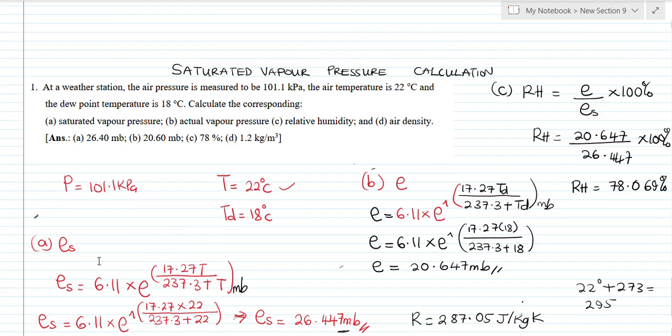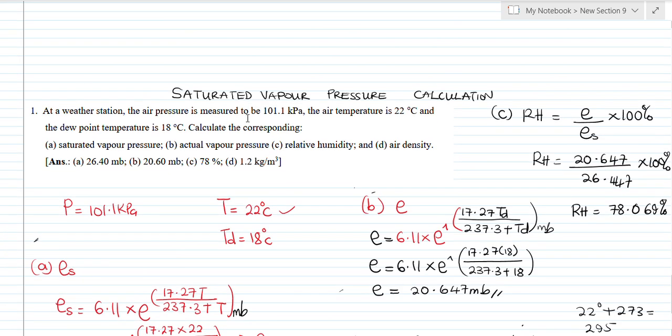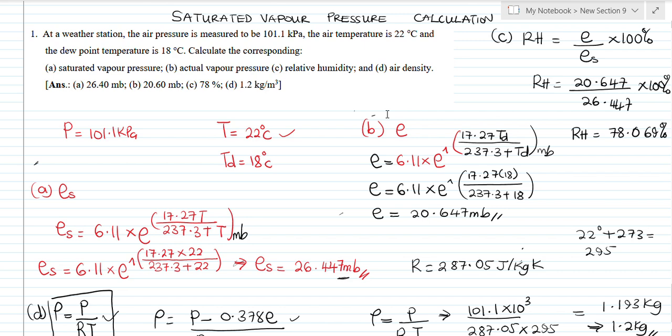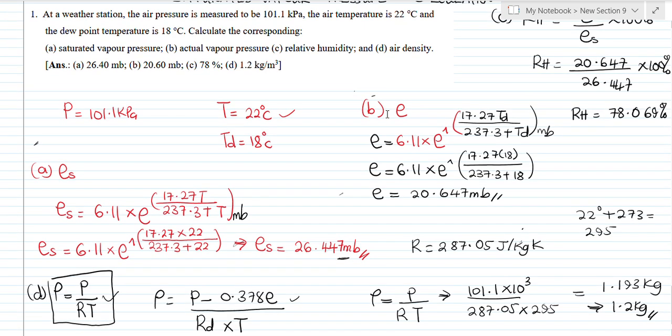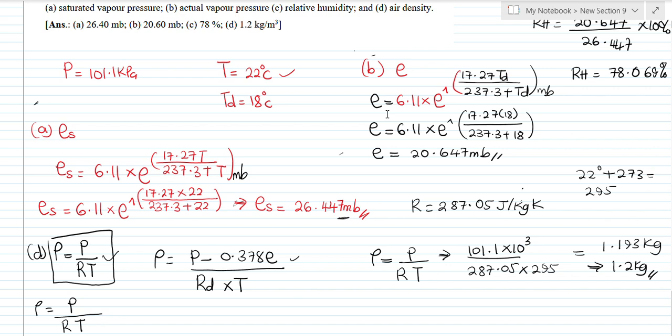In the question, the air pressure was 101.1 kilopascal and the temperature was 22. So here you use the parameters for the unsaturated air. So we are done with the first part.